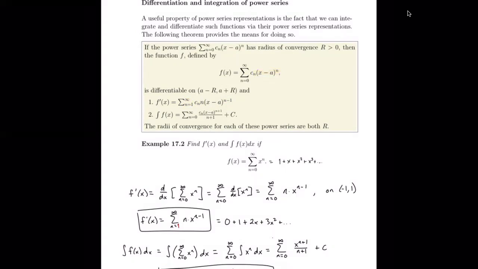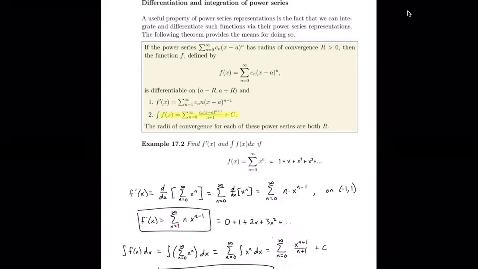Well, when n is equal to 0, this term is just 1 times c naught. c naught was a constant. When we took the derivative with respect to x, c naught differentiated to 0. So we lost the 0th term. So we start this series at n equals 1. It's often a little bit easier to write out the first few terms of one of these series and then differentiate. I'll do that below when we do an example.